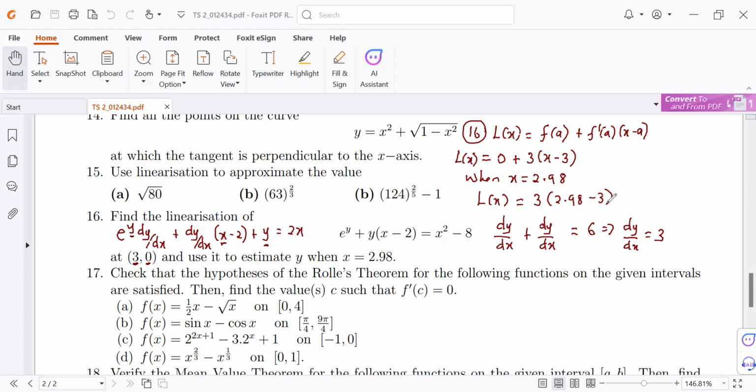You should check the value. You can compute this using a calculator, just punch in the numbers. That's question 16.